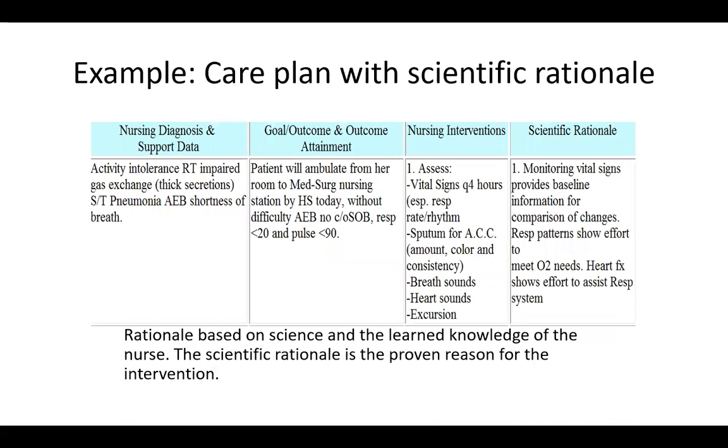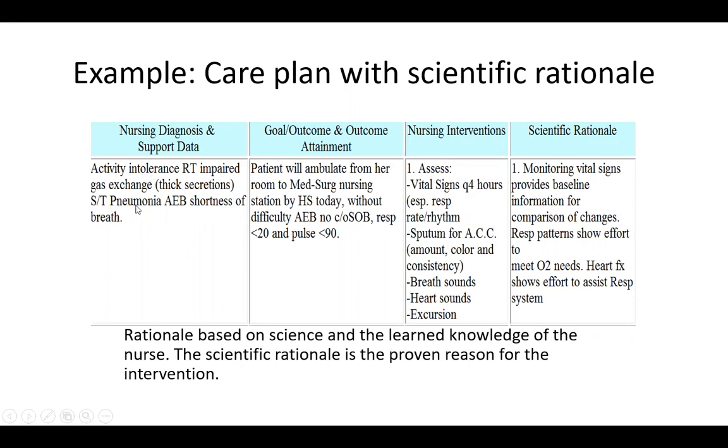This is an example of a care plan, which you're going to be spending a lot of time making in nursing school. You don't really know what this is yet, but this is called a nursing diagnosis. So, activity intolerance. What that means is the patient cannot tolerate a lot of activity. Related to impaired gas exchange. He's got thick secretions in his airway, which is impairing his gas exchange, so he's not getting enough oxygen, which is making him not be able to tolerate this activity.